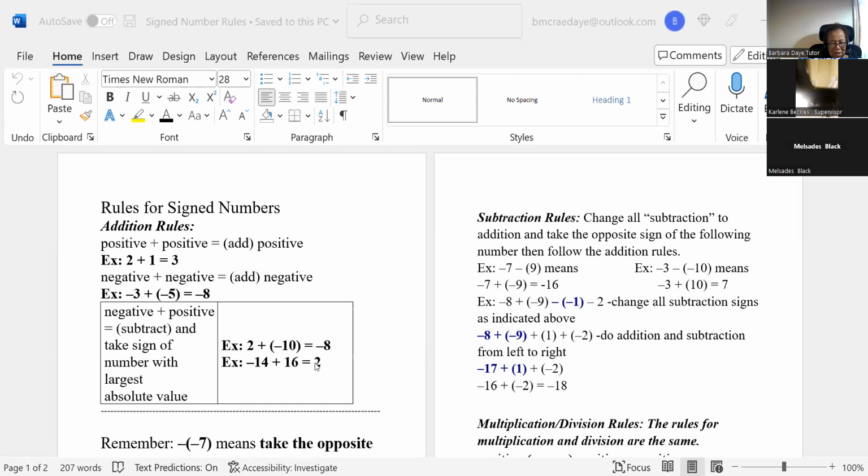Right, so how did we get a plus 2? Because the 16 is the bigger absolute value, so we carry the 16 sign. But when you leave the 2 like that, it means it's a plus. The default is plus. So when you don't see a sign, it's plus. Got it?